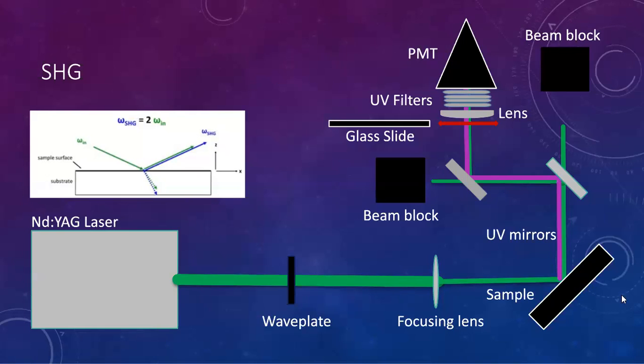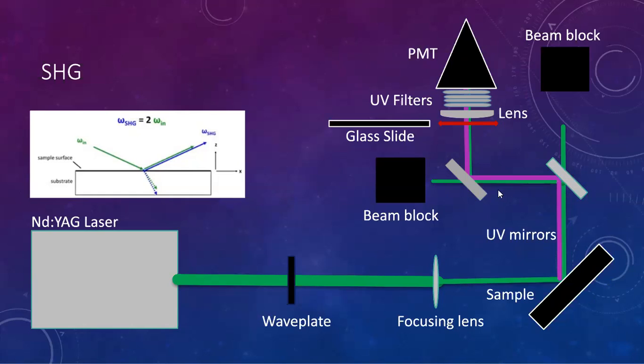And because you need a lot of energy and we're only getting signal from our surface, we have to put a lot of green light at our surface to get enough of that 266 to be able to detect it. So light will reflect off of a metal surface, which is what we work with majority of the time. So we have to then put in all these other optics to filter out that light so that it doesn't just swamp our detector, so we can actually see our 266.